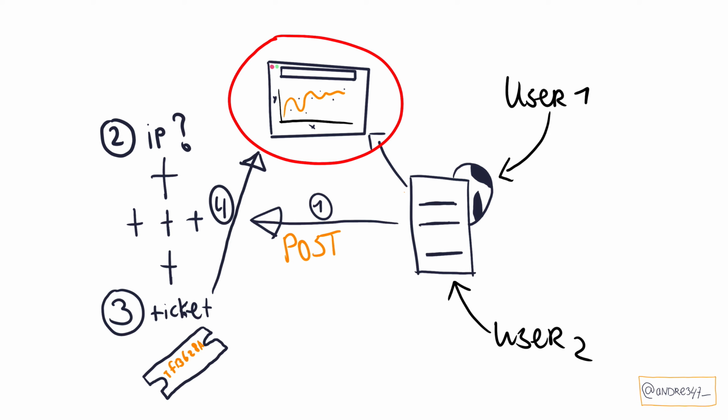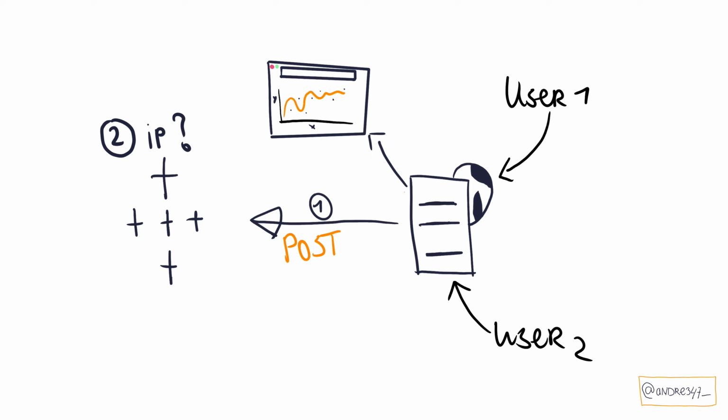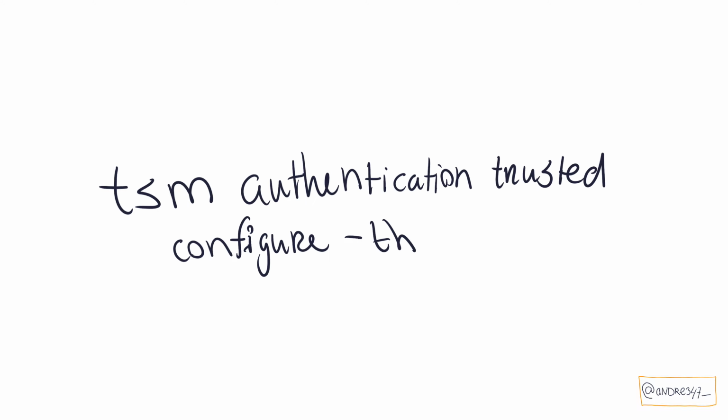But wait, we skipped over one particular step here, and that was the second step, where we trust the IP address. Where do we configure that? In order to configure that, we need to use Tableau Services Manager, TSM, and we need to run a particular command on TSM. We can also do this in the Tableau Server user interface, but in this instance, I'm showing you the actual command we need to run.